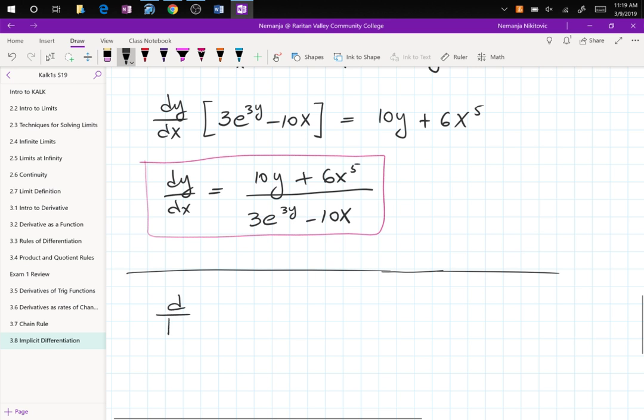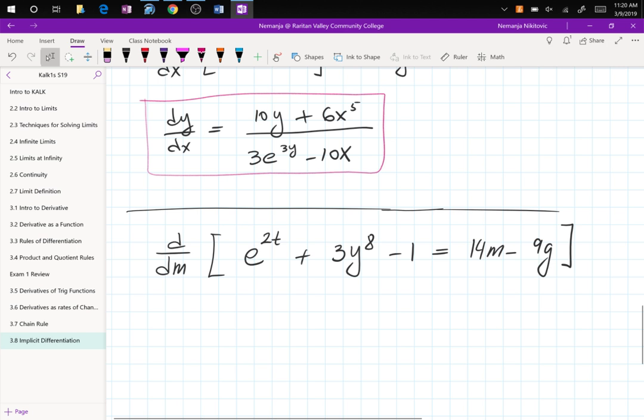Let's say you want to find the derivative with respect to m of e to the 2t plus 3y to the 8 minus 1 is equal to 14m minus 9g, whatever.